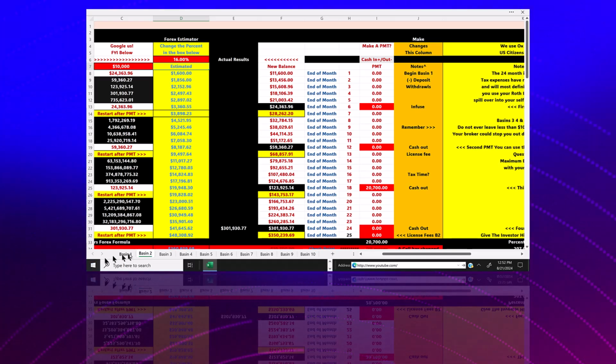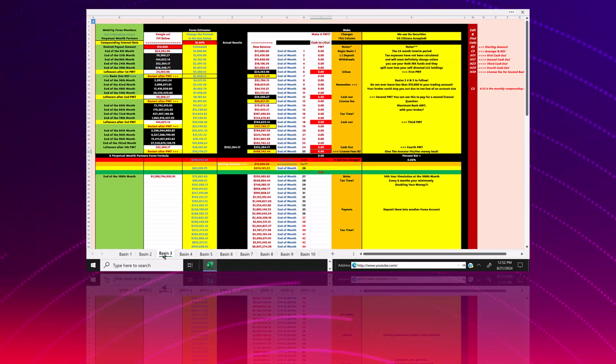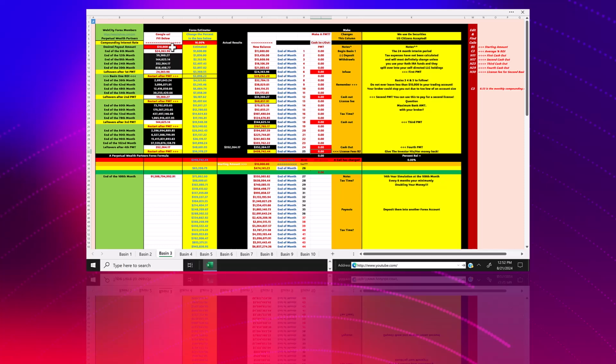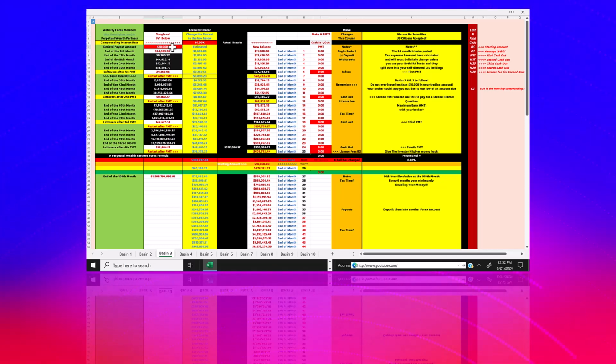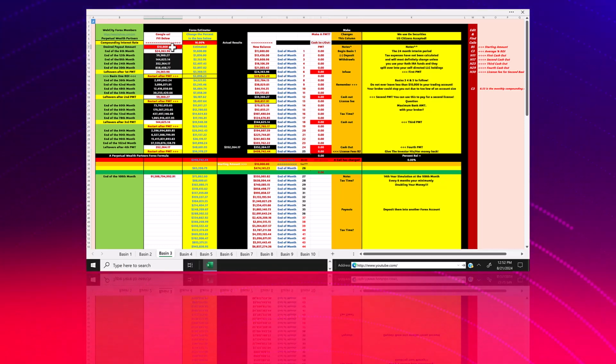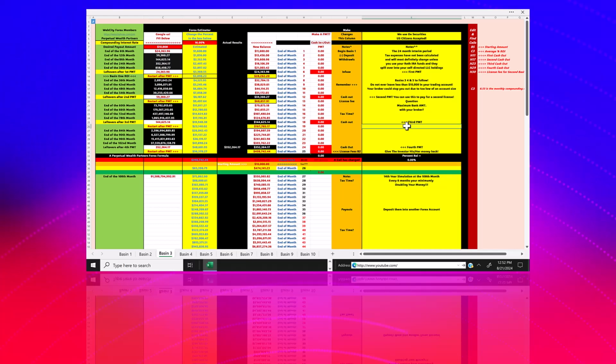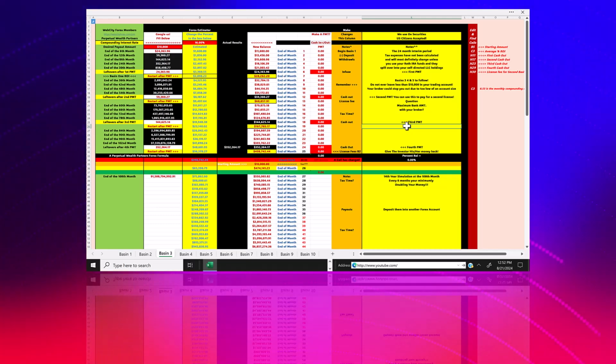Remember, you got one in basin 3 also. You took the 27,000 out, put the 10,000 in, and paid the $10,500 fee for the licensing fee. Now, they charge more for larger accounts, so it's a one-time fee.